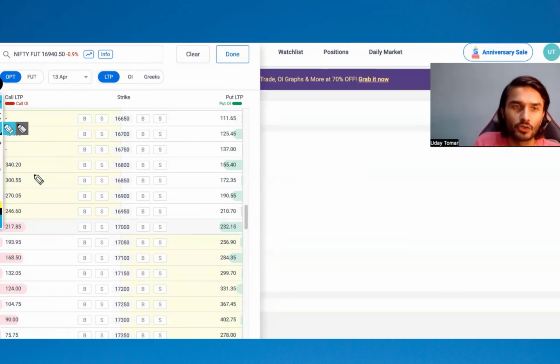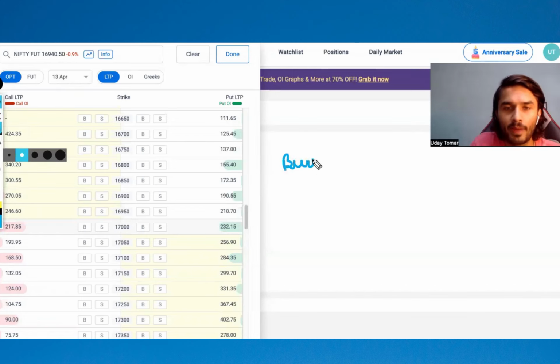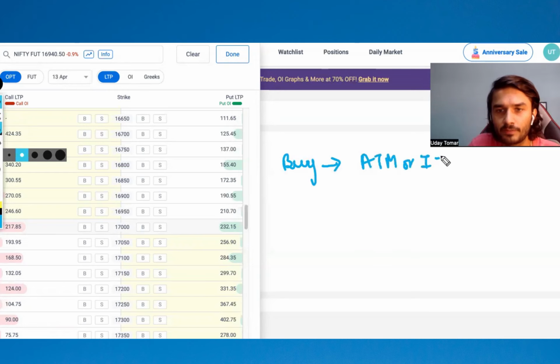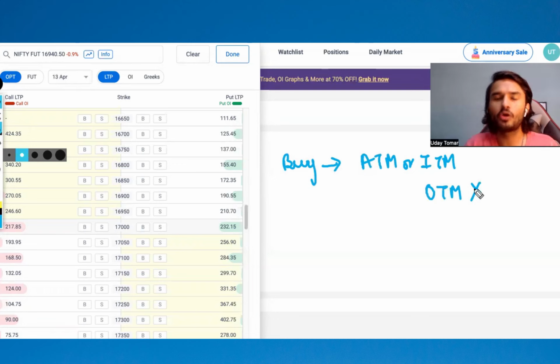Now, discussing which option strike we should choose. What I prefer to do is, for buying the option, the buy leg, I take at the money or in the money. That really depends on my plan, but I don't take out of the money. Out of the money is a big no. Yes, when you choose out of the money, your risk will be lower and your risk reward might be higher, because the premium of your buy option is lower.